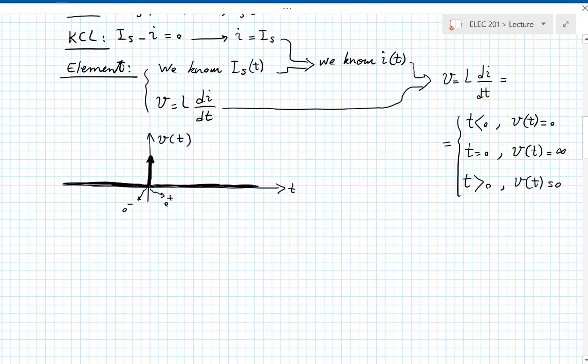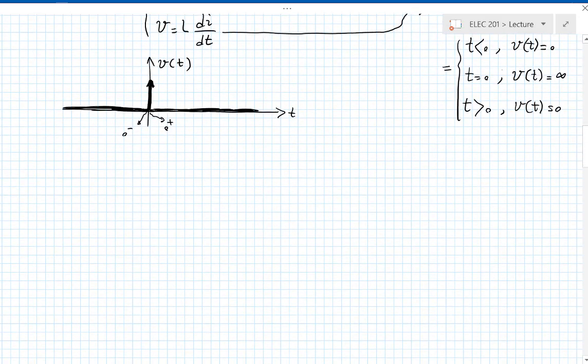Any suggestions? Let me ask you another question. Have you seen the delta function in math? No? OK, so the delta function is exactly this: a function that has a value of 0 all over the place, except at point 0, where it has a value of infinity.